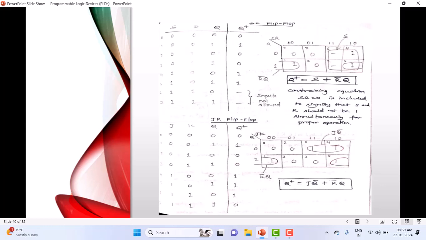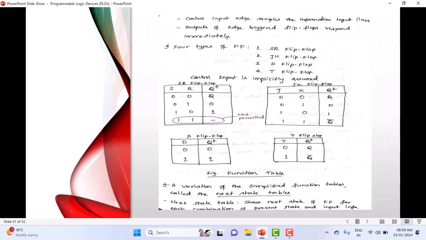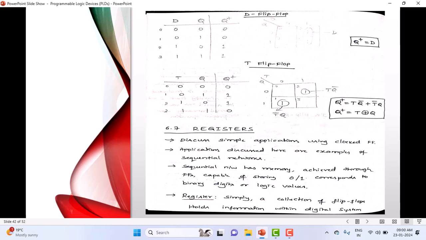Just go ahead and do that. If you feel it is difficult, I've shown the D flip-flop state table and the K map.